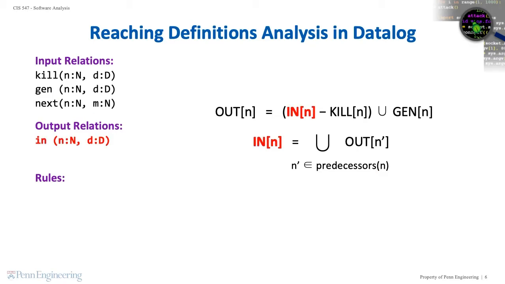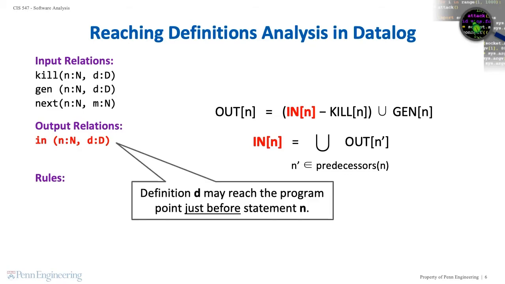In reaching definitions analysis, we want to compute the in and out sets for each program point. So, let us say that in(n, d) is the relation that asserts that the definition d is a member of the in set of program point n.